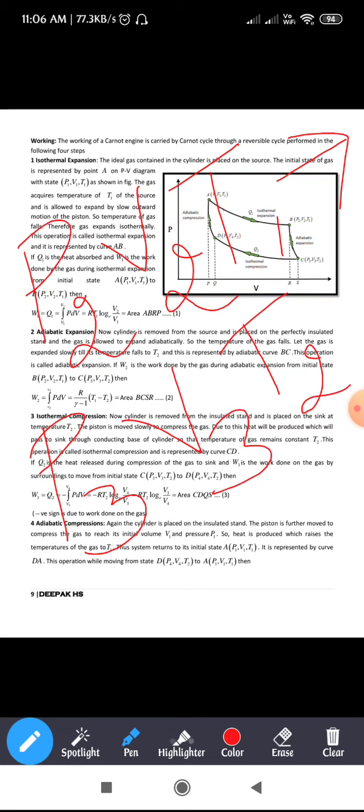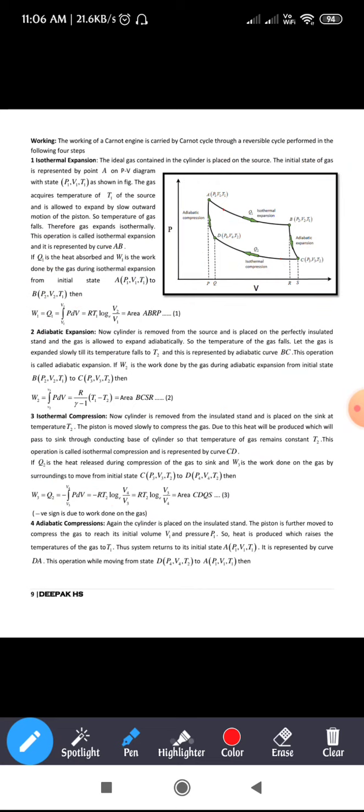So this is the adiabatic expansion. The work done is W2 is equal to integral of V2 to V3 PdV is equal to R divided by gamma minus 1 into T1 minus T2. That is equal to area BCSR, which in the PV diagram represents the adiabatic expansion.